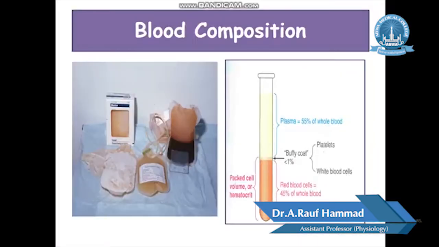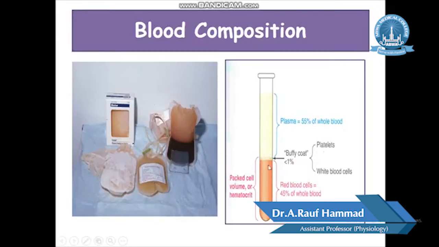It amounts to almost 45% of the whole blood, and the upper column from here to here is a clear plasma having no solids, but it contains many other things like proteins, ions, chemicals, glucose, nutrition, and many other things.